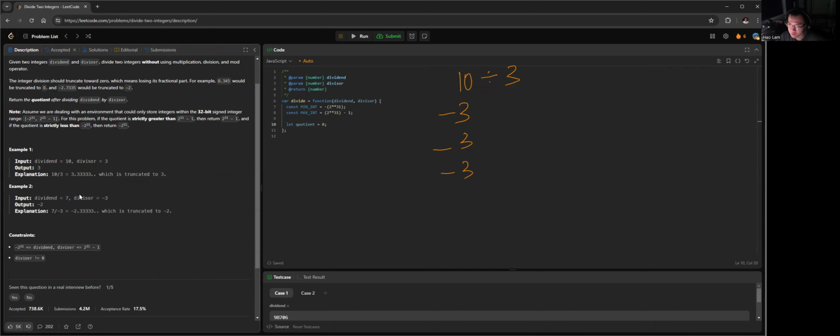So that is O of n, which is slow, because n here is the number, and it can go up to 2 to the 31 times.